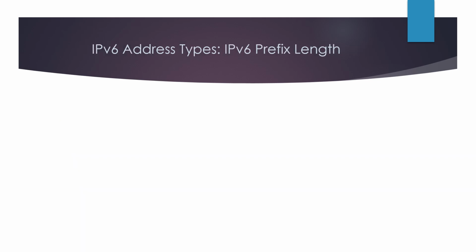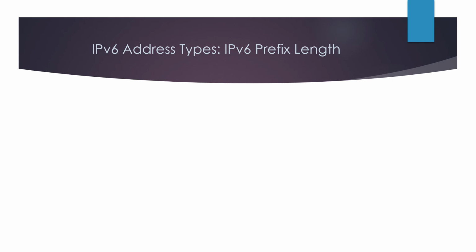The prefix or network portion of an IPv4 address can be identified by a dotted decimal subnet mask or prefix length, which is shown with slash notation, and we have explained that in the IPv4 subnetting. In IPv6, it is only called the prefix length.